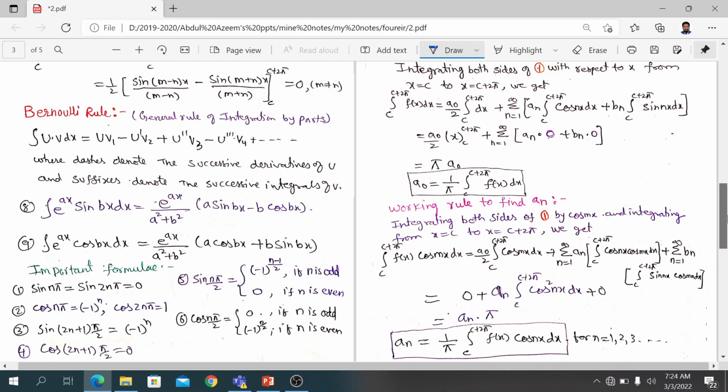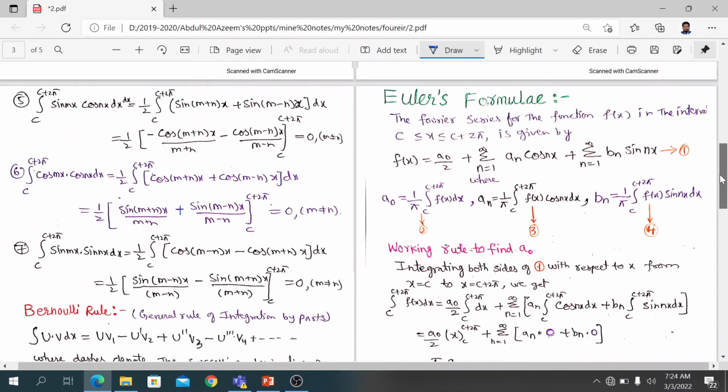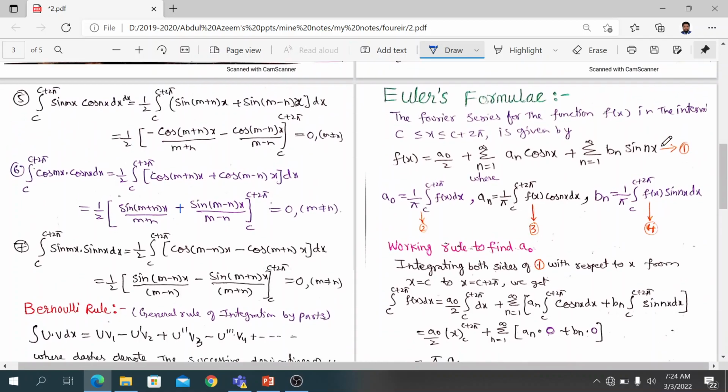Okay. Now next we will see a very important topic, Euler's formula. Very important from the examination point of view. The Fourier series for the function f of x in the interval c less than or equal to x less than or equal to c plus 2 pi is given by this.